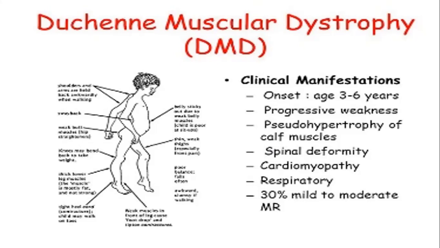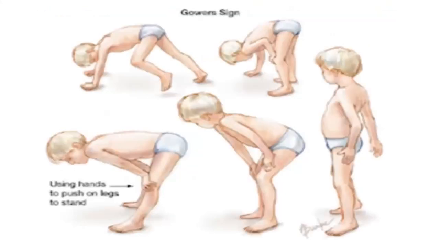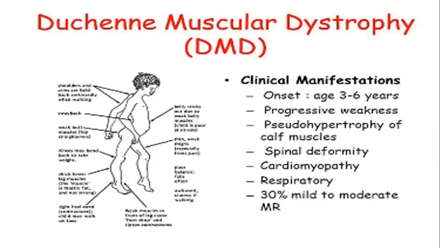Now we come to the milder form of the disease, that is Becker muscular dystrophy. Dystrophin is present but altered or reduced in amount. So in Duchenne's muscular dystrophy, dystrophin is absent, while in Becker it is altered or reduced in amount.